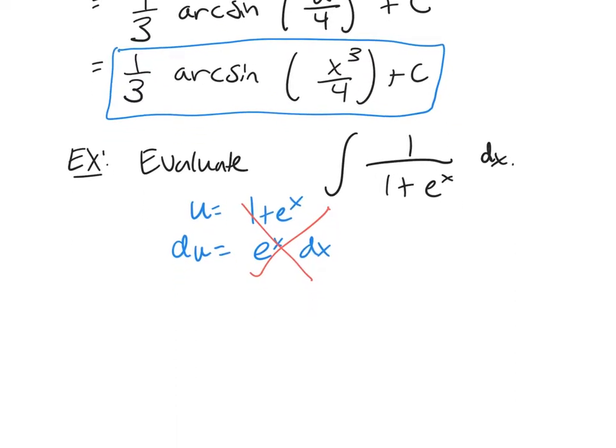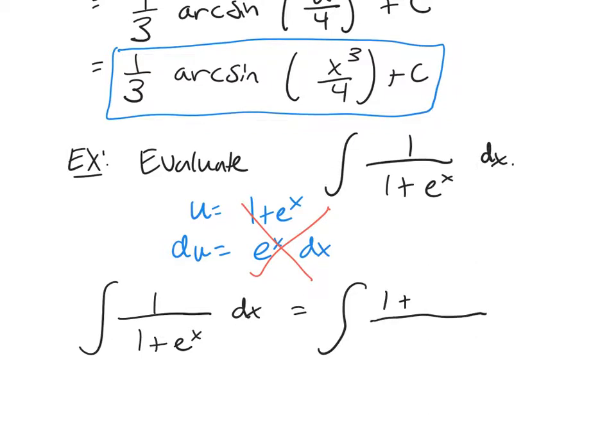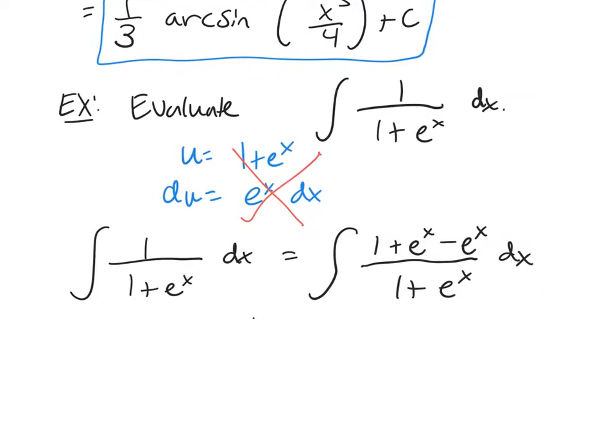So what we're going to do is take our integral and rewrite it. I'm going to change the numerator a little bit to e to the x minus e to the x. Really, I didn't actually change the numerator, because e to the x minus e to the x is 0. So I haven't changed anything. But what this allows me to do is split this up into two pieces.